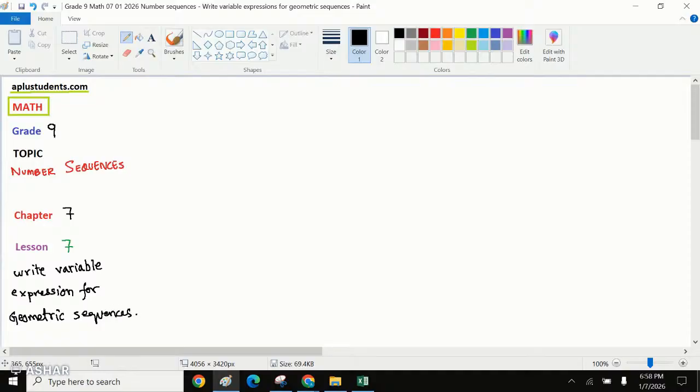Okay, let's look at what geometric sequences are. I hope you have logged in and gone to maths, grade 9. The topic is number sequence, chapter 7, and when we go to lesson 7, it says write variable expressions for geometric sequences.